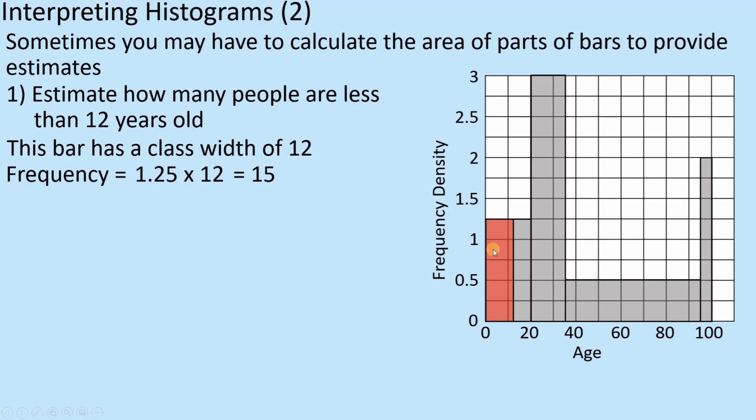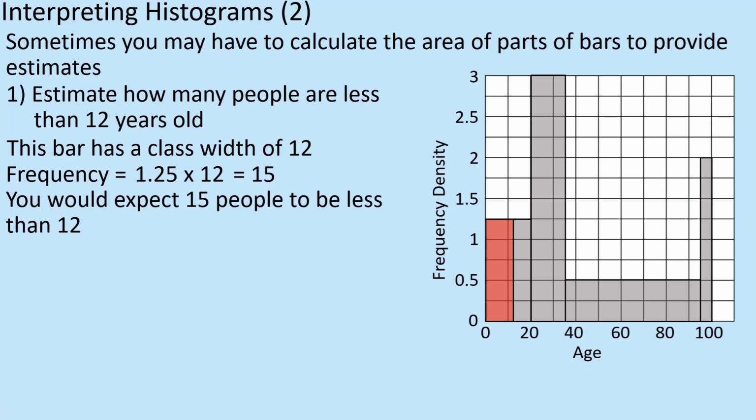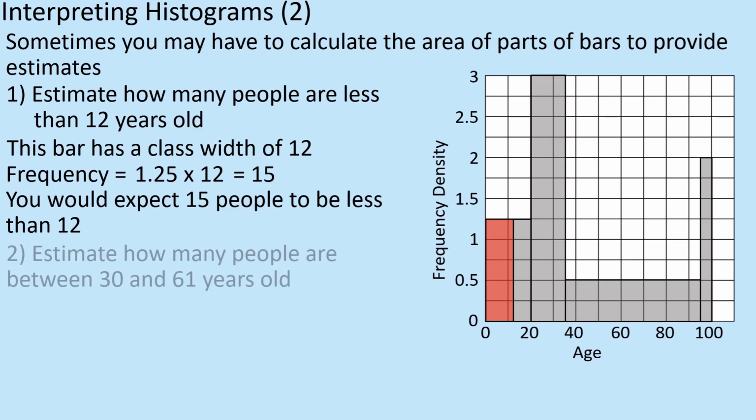All we know is that between 0 and 20, so between 0 and 20 times 1.25, which is 25, there are 25 people between 0 and 20. So we are estimating how many people between 0 and 12. But that's all we know. Between 0 and 20 there's about 25 people. So you would expect 15 people to be less than 12. That's the answer to the question as an estimate.